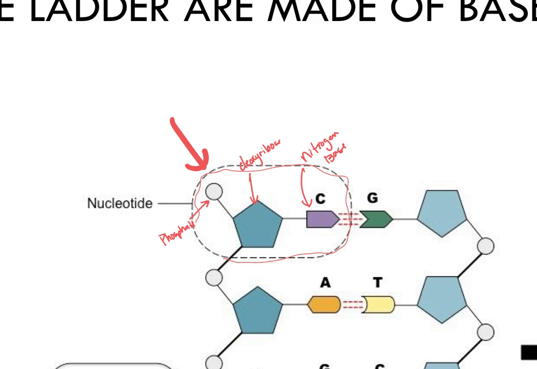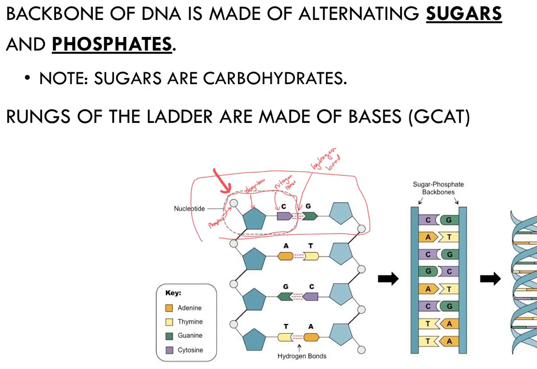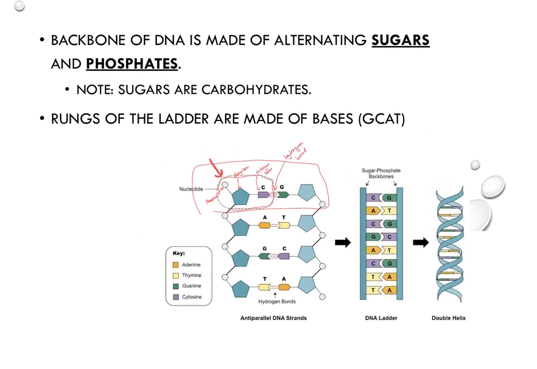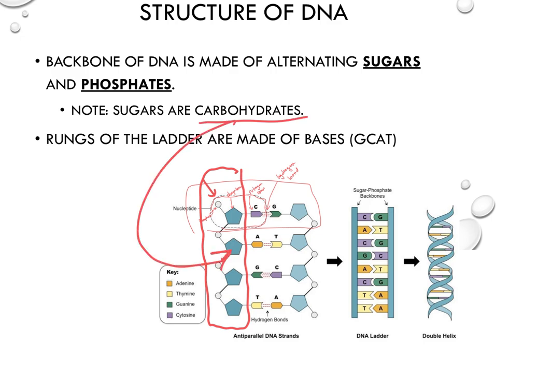Now, these nucleotides can form together by forming a hydrogen bond between the nitrogenous bases, forming a base pair. But we'll talk about that at a later time. But note that when we talk about the backbone of the DNA, it's these phosphates and these carbohydrates. Yes, your nucleic acid is made up of carbohydrates themselves.